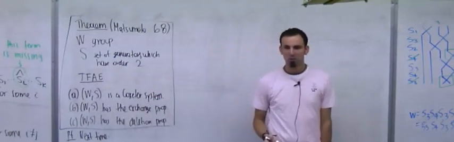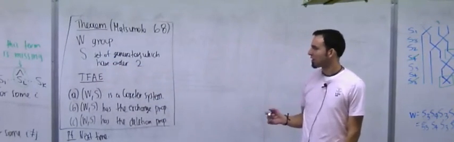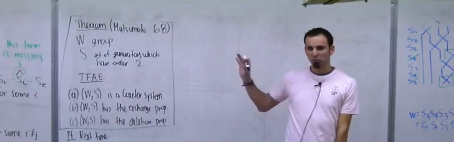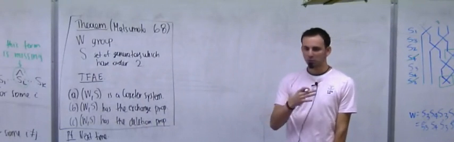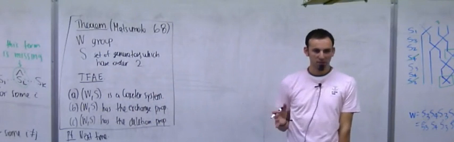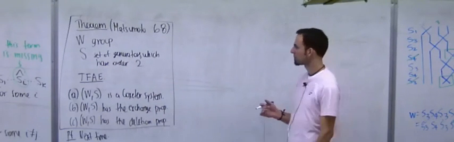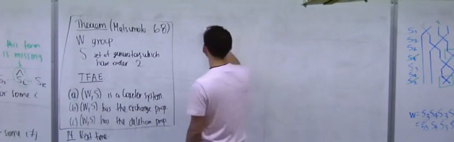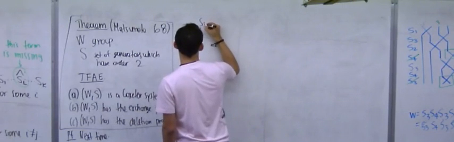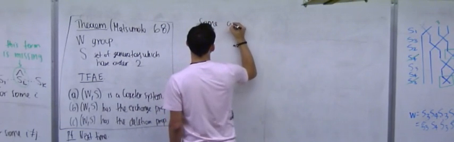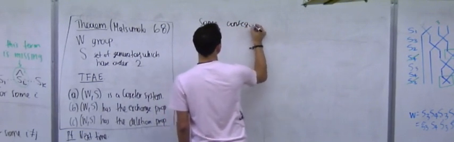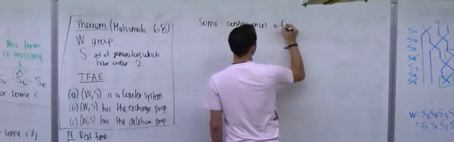I want you to get used to working with them because they are extremely important, and these two properties allow us to prove a lot of the very hard things that we haven't been able to prove. Okay. So here are some nice consequences of exchange and deletion.